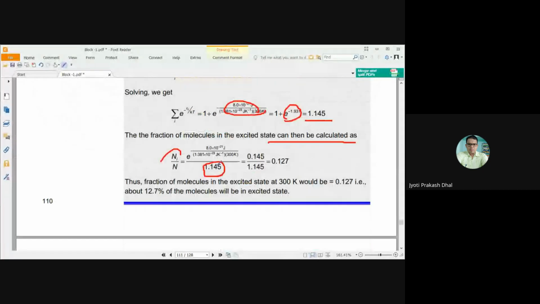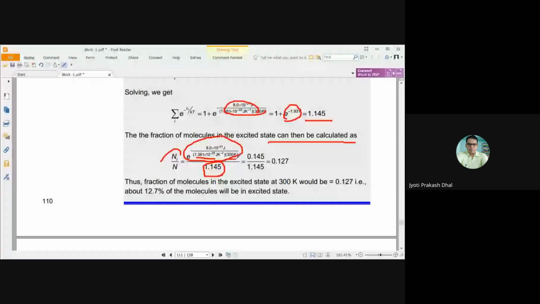Here we are putting e to the power minus, and in place of epsilon i we are taking the value 8.0 into 10 to the power minus 21 joule, and in place of k we are taking the Boltzmann constant, and for T we are taking 300 Kelvin.